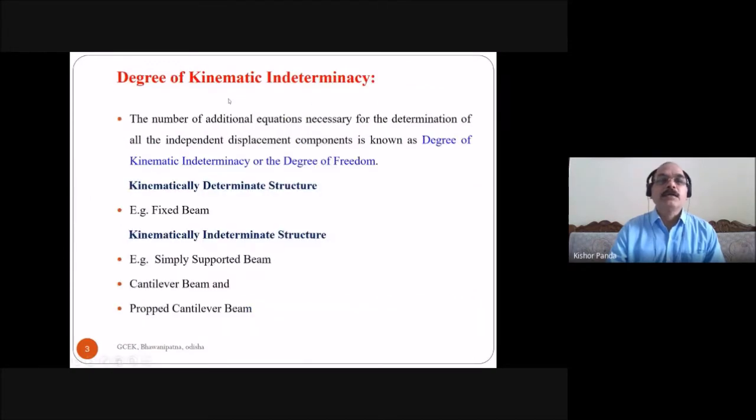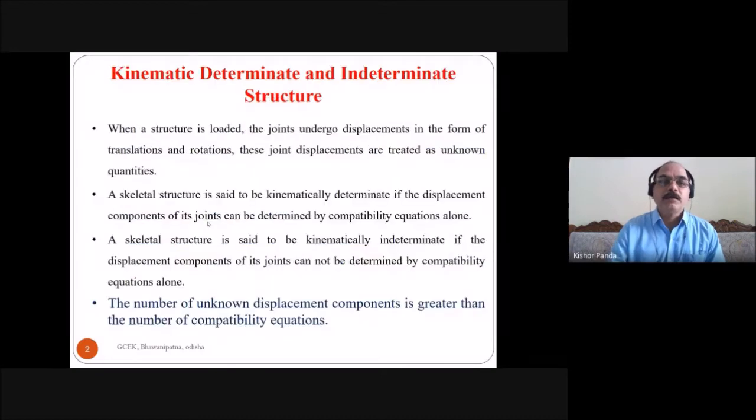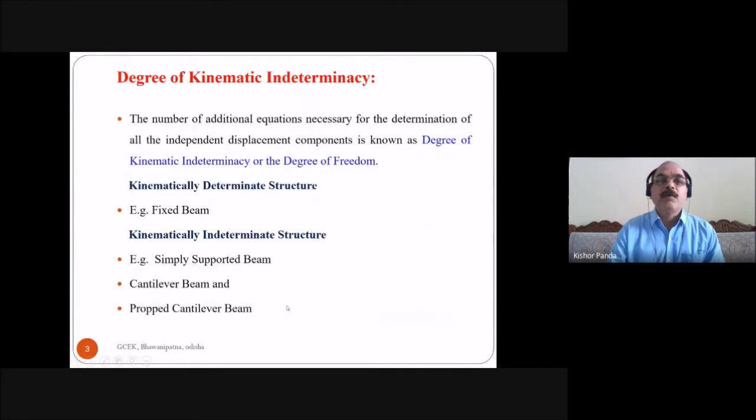Coming to the degree of kinematic indeterminacy: the number of additional equations necessary for the determination of all the independent displacement components is called the degree of kinematic indeterminacy or degree of freedom. When the number of unknown displacement components is greater than the number of compatibility equations, this is a kinematically indeterminate structure, and for it you have to find out the degree of kinematic indeterminacy.